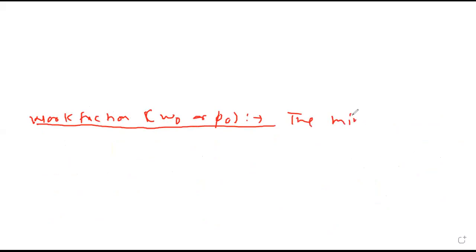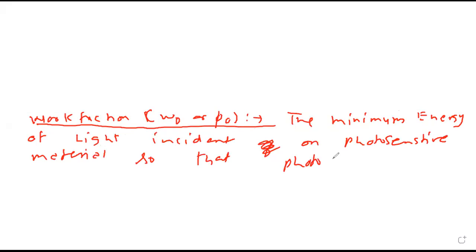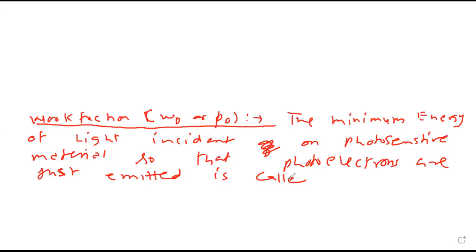The minimum energy of light incident on photosensitive material so that photoelectrons are just emitted is called as work function.